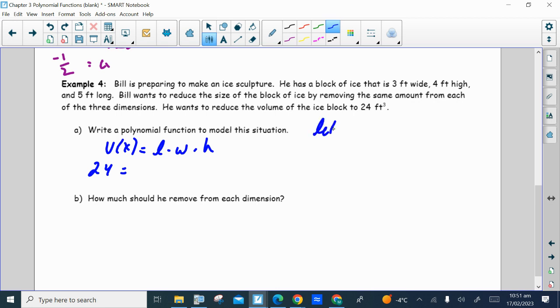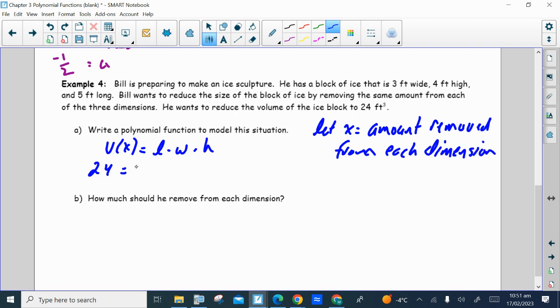So if we let x equal the amount removed from each dimension, the length was 5, so we're going to remove x from that. The width was 3, we're going to remove the x from that. And the height was 4, we're going to remove the x from that. So there is a polynomial function.